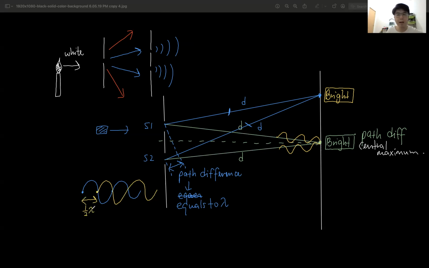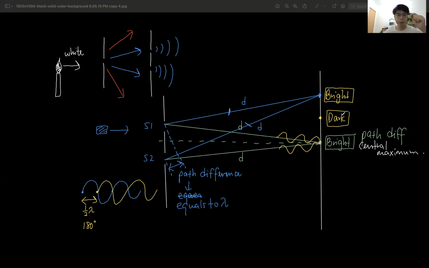So if the path difference is half a wavelength, or you can also say the phase difference is 180 degrees, destructive interference takes place. And where is the path difference of half a wavelength? It is between the two bright fringes over here, where you get the dark fringe.